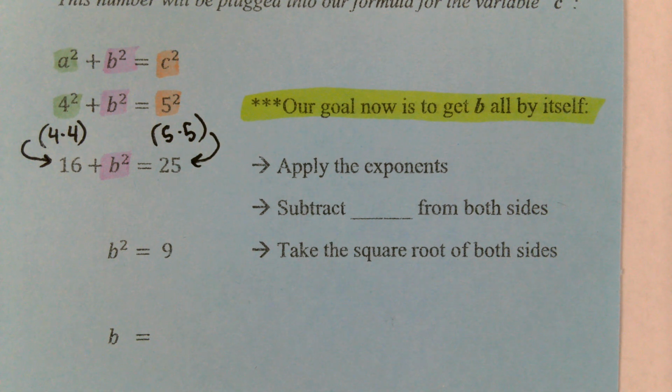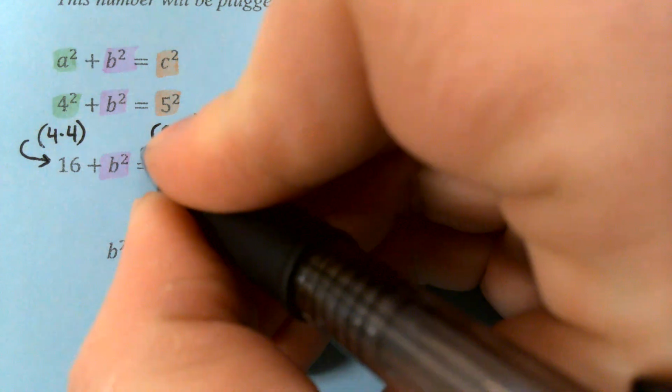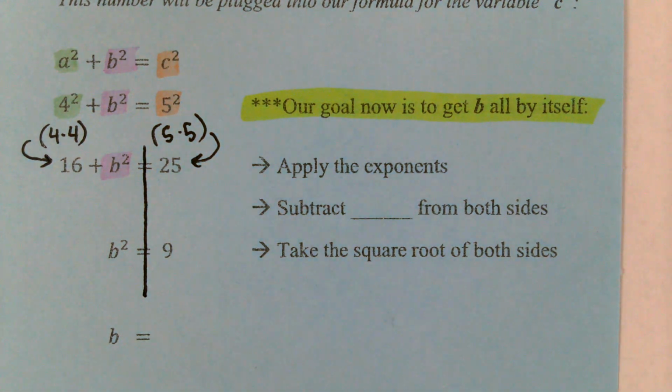Now, if we want to get B all by itself, I'm going to go ahead and split my equal sign here, just like that, just so I know which side I'm bringing which number over to. And if we want to get B by itself, what are we going to have to subtract from both sides here? Anybody see? 16. 16, exactly.